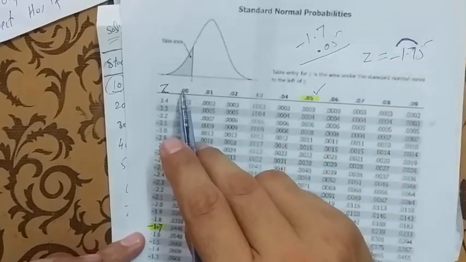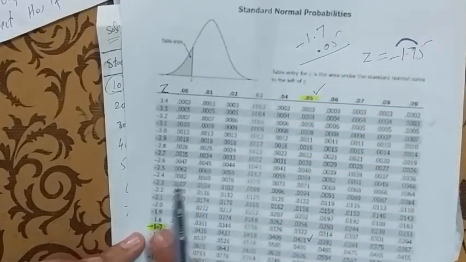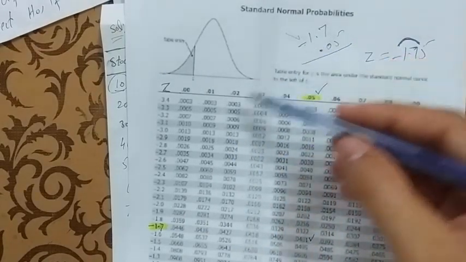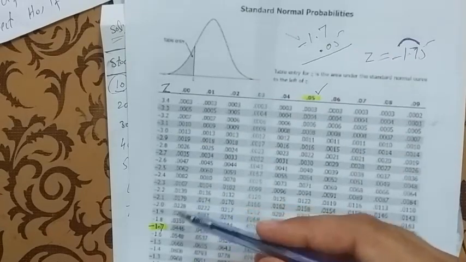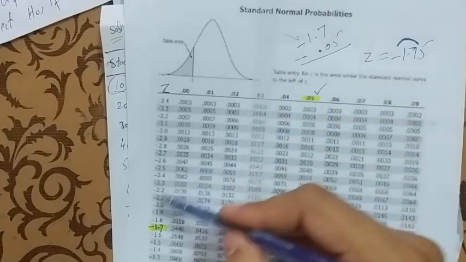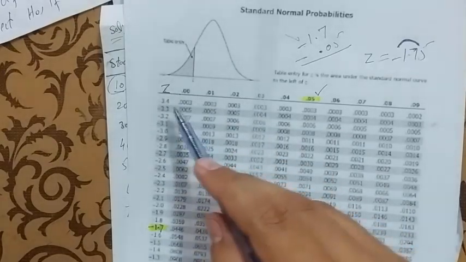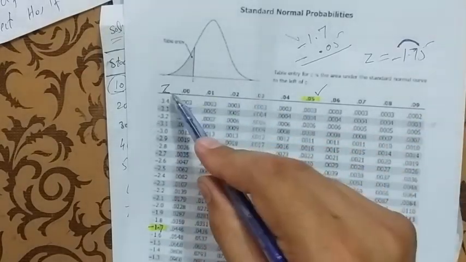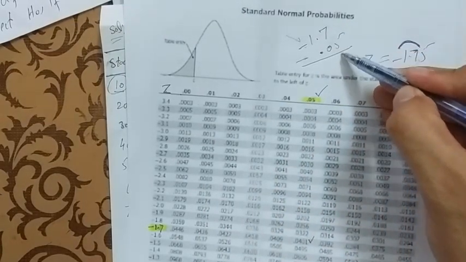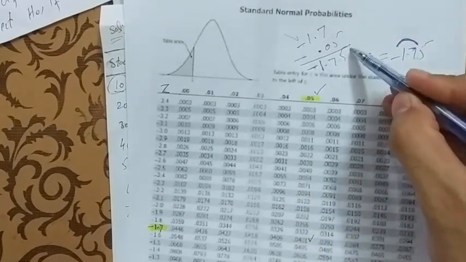When we add, the minus sign is not given in this row, but it is understood. If the minus sign comes in this column, then the minus sign also applies to these values. If the minus sign does not come in this column, then the sign is positive, and we also write positive in this row. So add this 5 as it is, 1.7 and 0.05, which is minus 1.75.